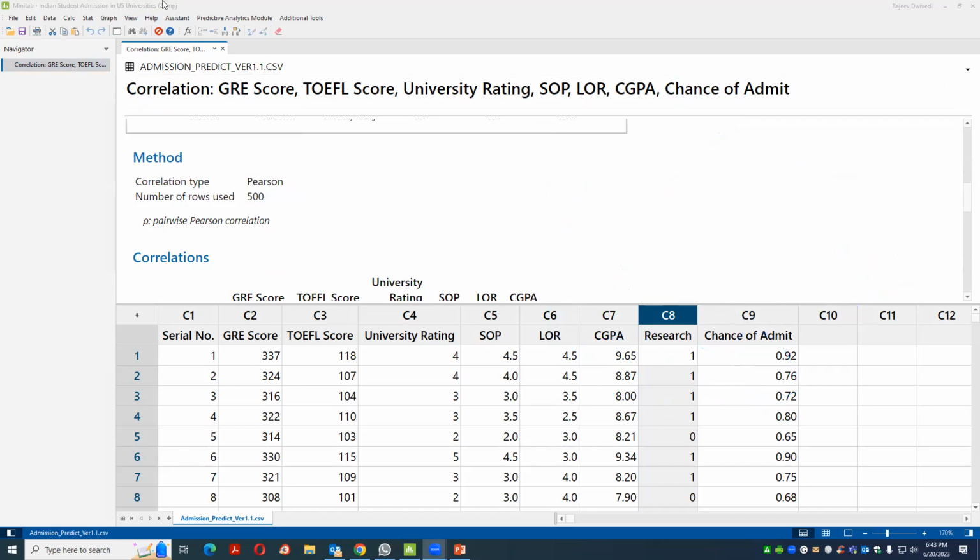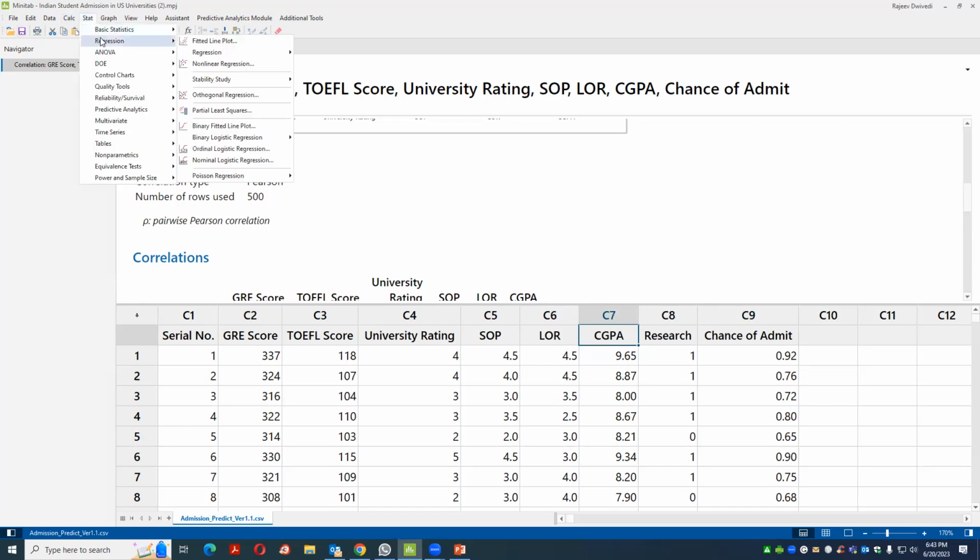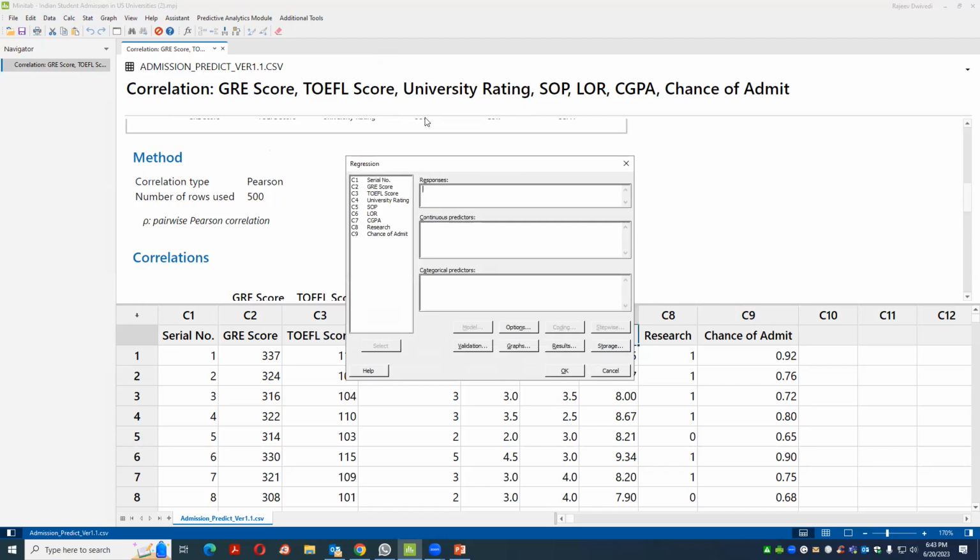Okay. So now I select chance of admission as the dependent variable, meaning chance of admission depends on your GPA score. Let me see if this is a valid model. So I go under Statistics, and I have a regression option. I go under regression, then Fit Regression Model.